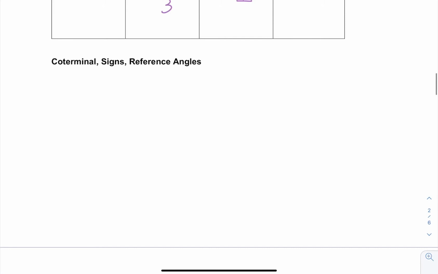So now let's talk about some properties, about coterminal angles, about sines, and about reference angles. So if we have our graph with our circle, like before I said, here we start at 0. If we rotate 90 degrees, that's actually rotating pi over 2 radians.